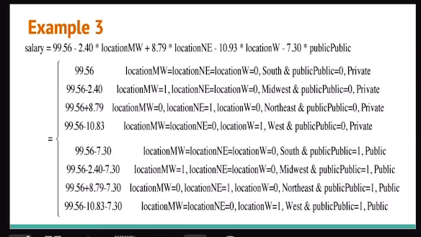In example three, I moved to two categorical variables, one having four levels and the other having two levels. Now, all the way from example one to example three, I have not considered a continuous predictor. I've only been considering categorical predictors. I think I've walked you through how to interpret that.